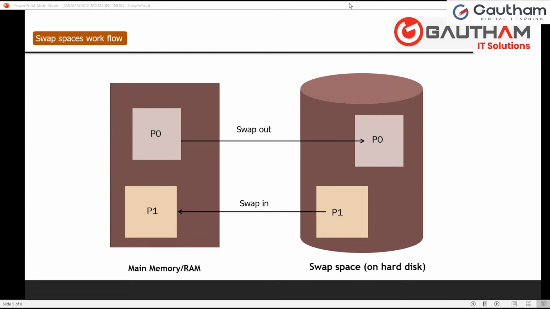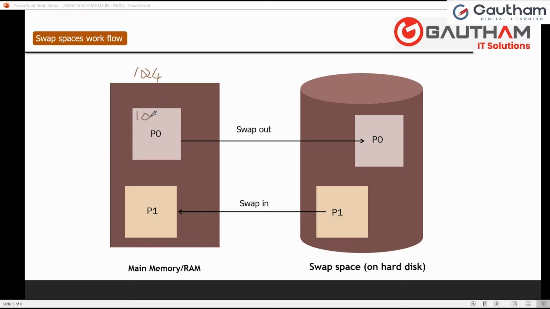As I told you, you have a RAM. Let us say the size of the RAM is 1 GB, 1024 MB, for example. Now, in this 1024 MB, let us say 1000 MB is already utilized by different sets of processes.